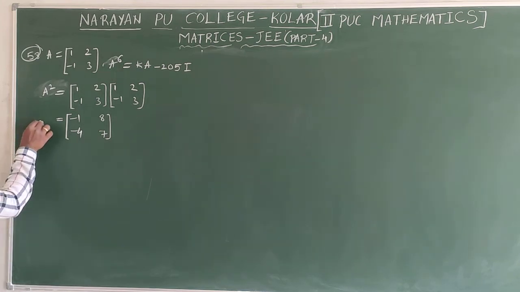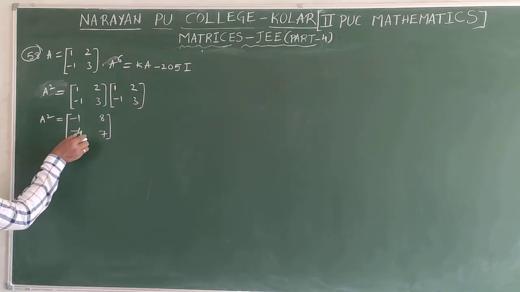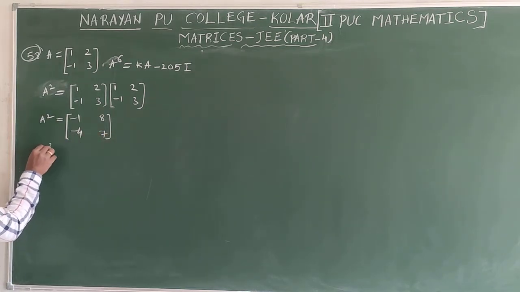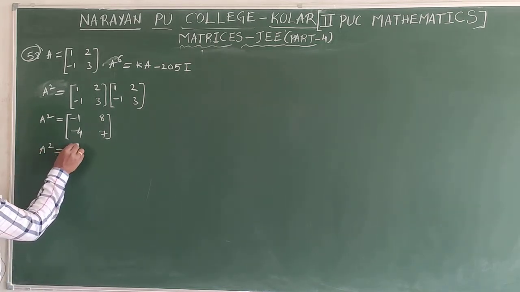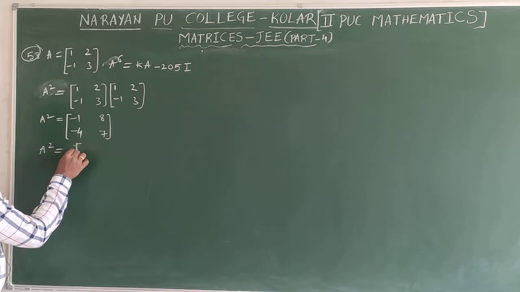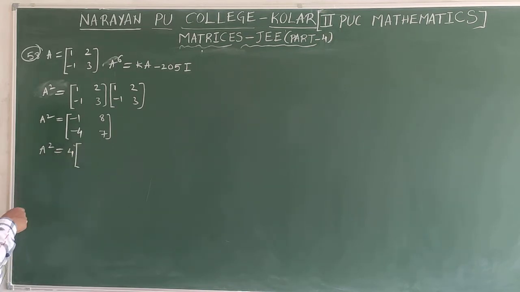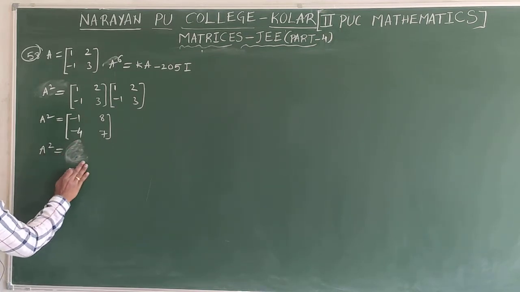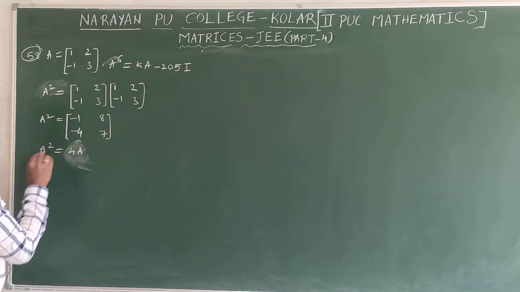Now to simplify this, we got A square, and we need to find A power 6 also directly. Otherwise, you can simplify this equation in the form of A and I. How to take it? Condition wise, if you take matrix A, we will take 4 into A. 4A means what will you get?